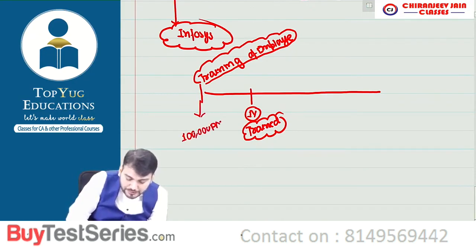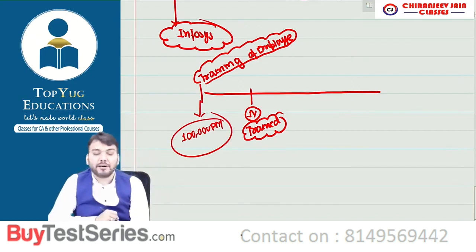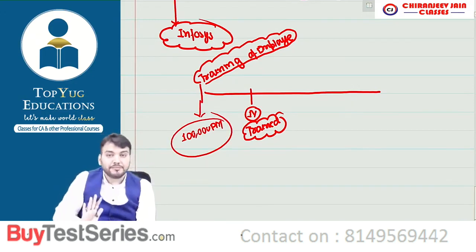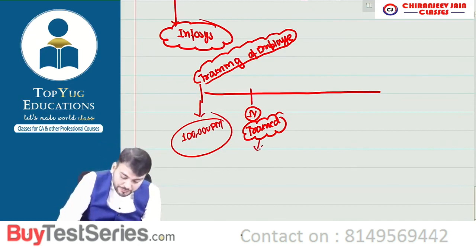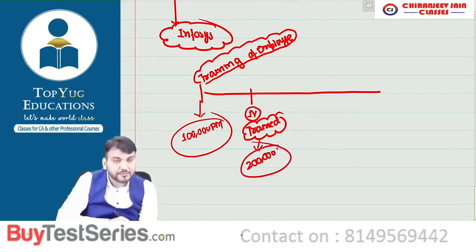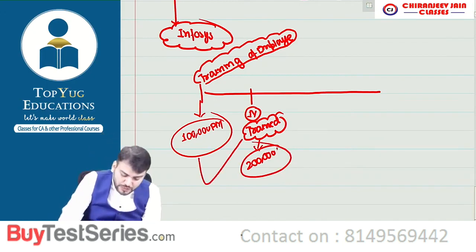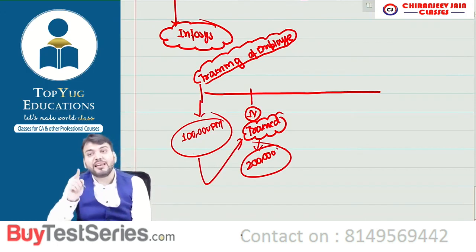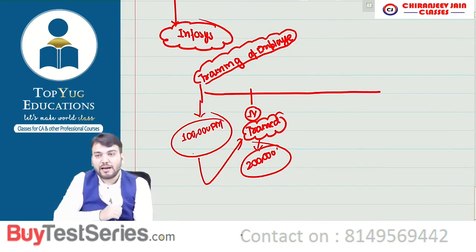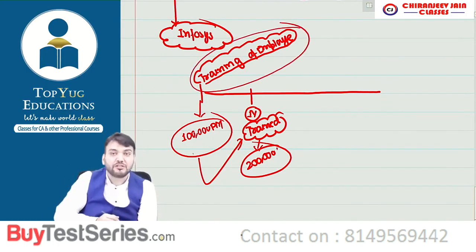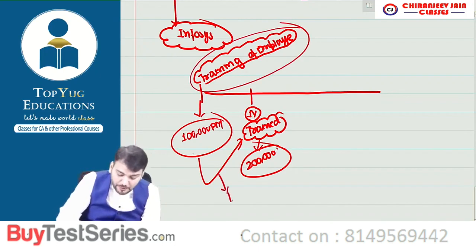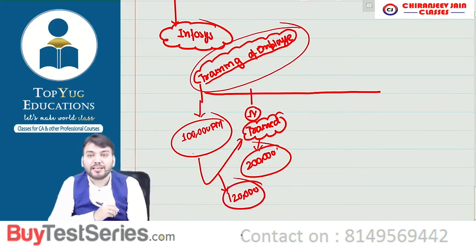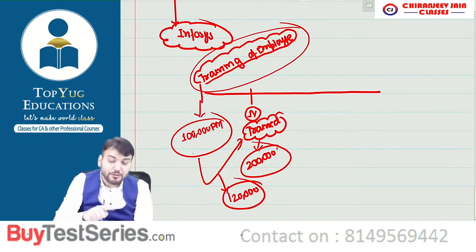Now after training, their value becomes 2 lakh per month. Of course, Infosys will also increase the salary, but Infosys will not increase it from 1 lakh to 2 lakh. It will increase it a little, because they have spent a lot on training. Suppose now their salary in Infosys becomes 1,20,000 per month, but their value is 2 lakh per month.